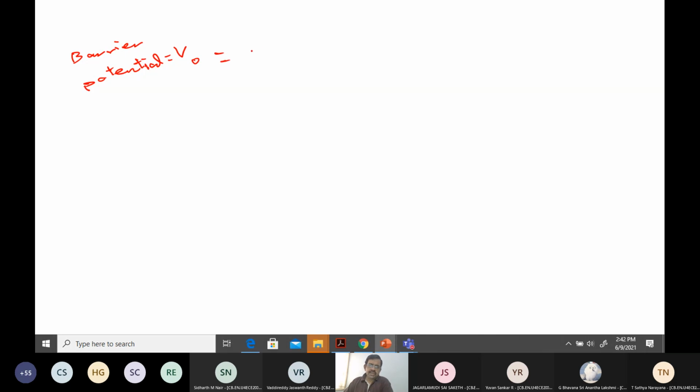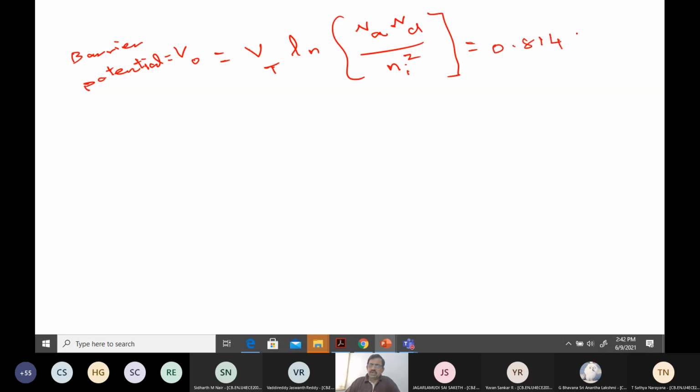V naught is equivalent to Vt ln of Na Nd by Ni square. Substituting, I will give you the answer. Vt is 25.9 milli electron volt, so you have to multiply by 10 power minus 3. I have done this problem before coming to the class. So it is actually 0.814 volt. This is the value.